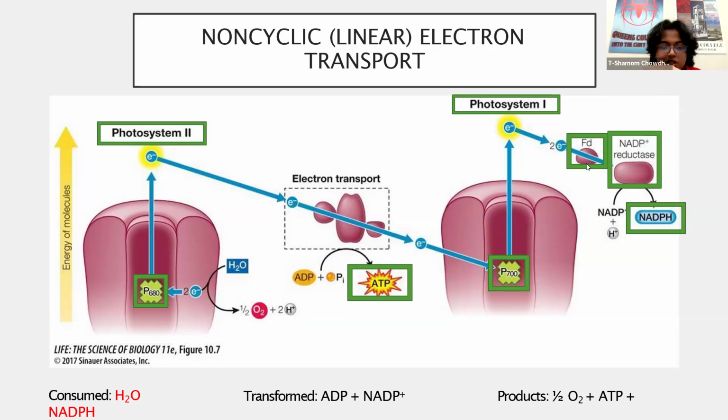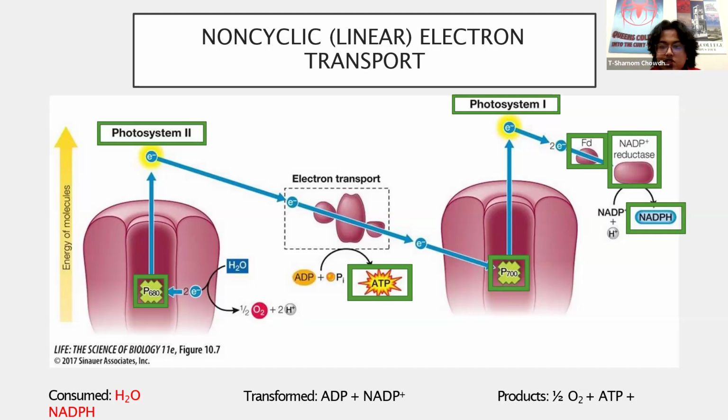So water gives 2 electrons to P680. What P680 does, it accepts the electrons and it energizes one of the electrons it takes in, and then that electron goes through the electron transfer chain. As it goes through the electron transfer chain, in a similar way to what happened with ATP, a proton gradient is created.